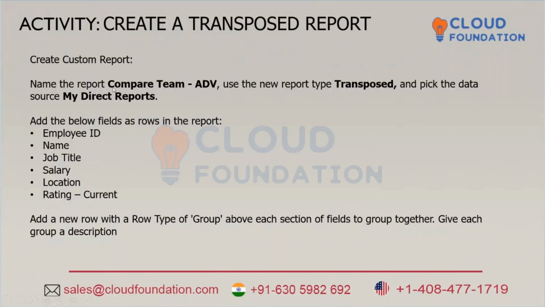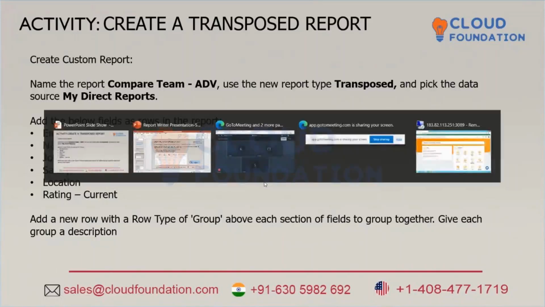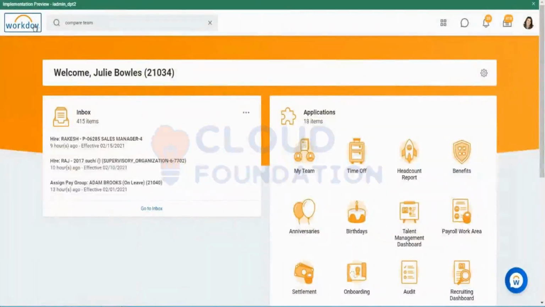We are going to create a compare team report, use the transpose report type, and use the my direct reports data source. And these are the fields that we will be adding into the report definition.